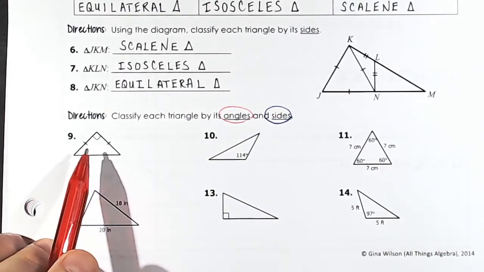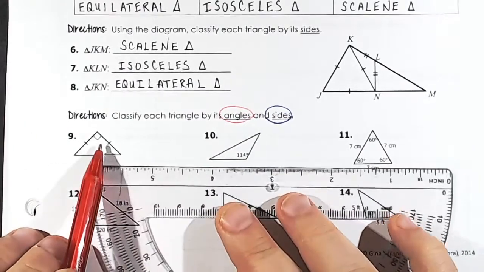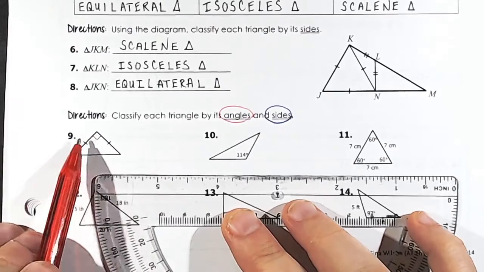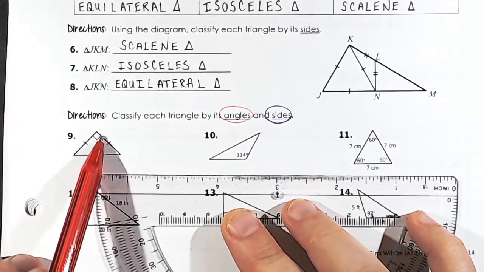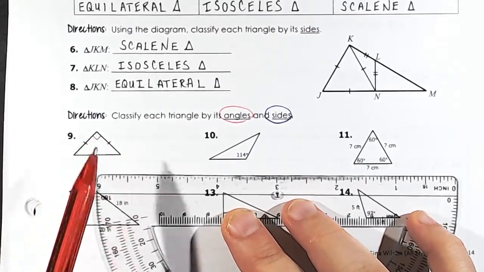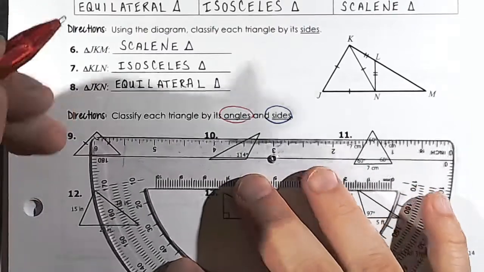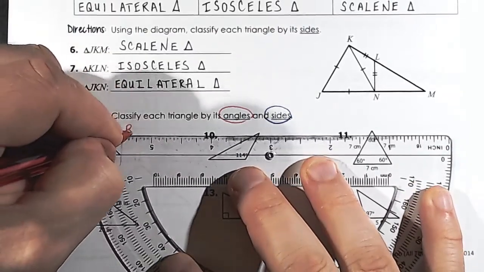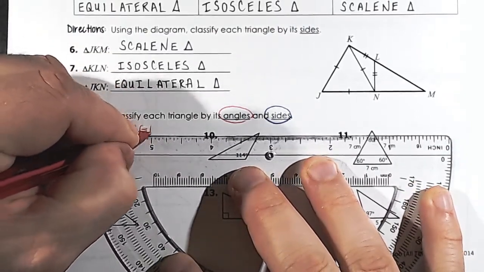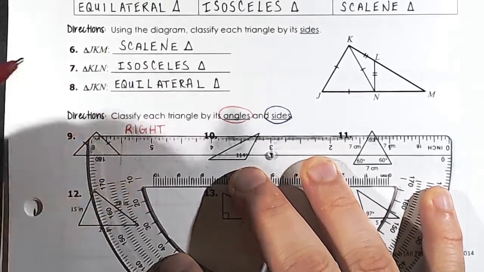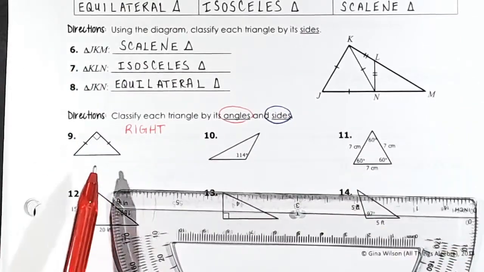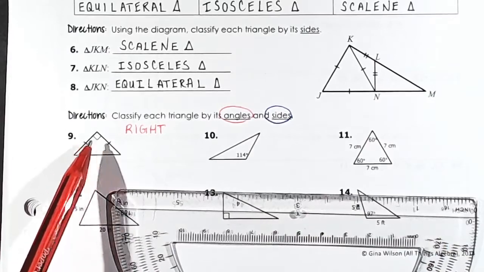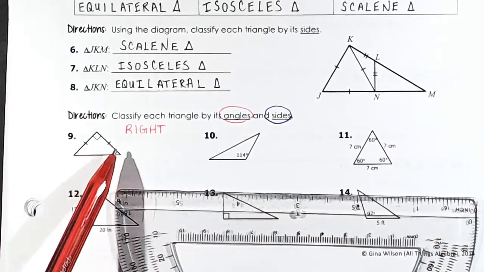So on number 9, we can identify this from an angular perspective as being a right triangle because it has a right angle. And if we look at its sides, it has two sides that are of equal length.